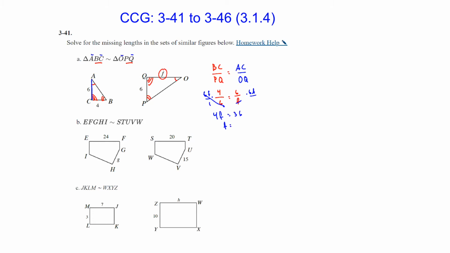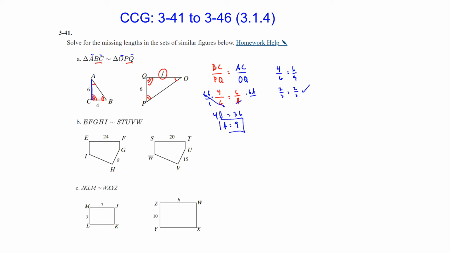Divide by 4, and F is equal to 9. So if we look at this, 4 over 6 should be equal to 6 over 9, and both of those represent the same ratio of 2/3.